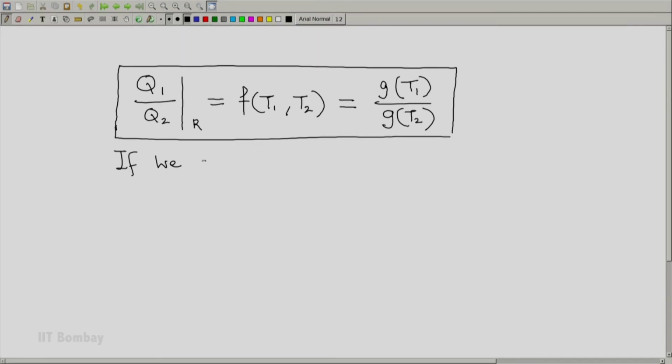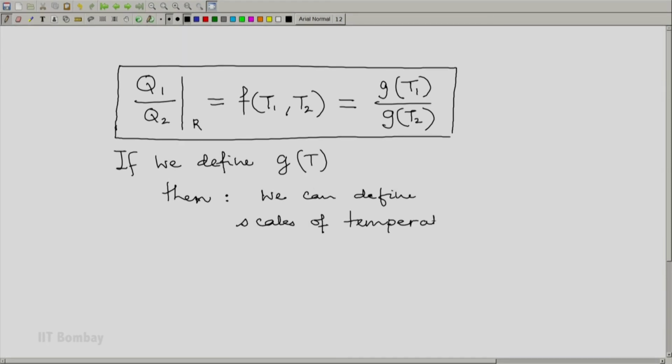Now if we define g, then we get a relation between a function of temperature and the thermal energy or heat interaction between a 2T heat engine, reversible, and its reservoirs, and that can be used to define scales of temperature.